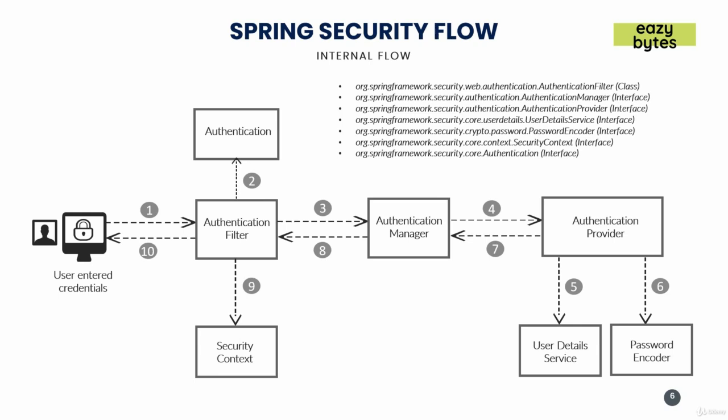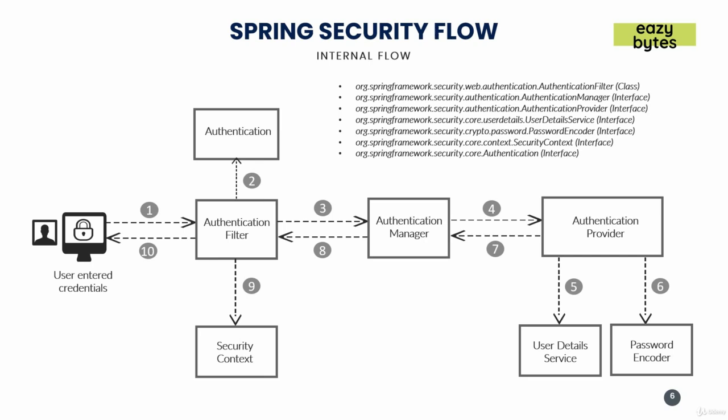Spring Security provides many password encoders, which we will see in the coming sections, like BCryptPasswordEncoder, and NoOpPasswordEncoder for scenarios where we don't want our password to be encoded or encrypted. All possible password encoders are available in Spring Security, which we'll see in the coming sections.